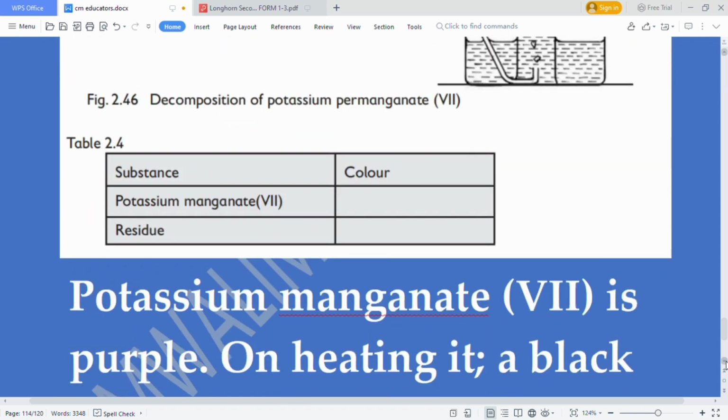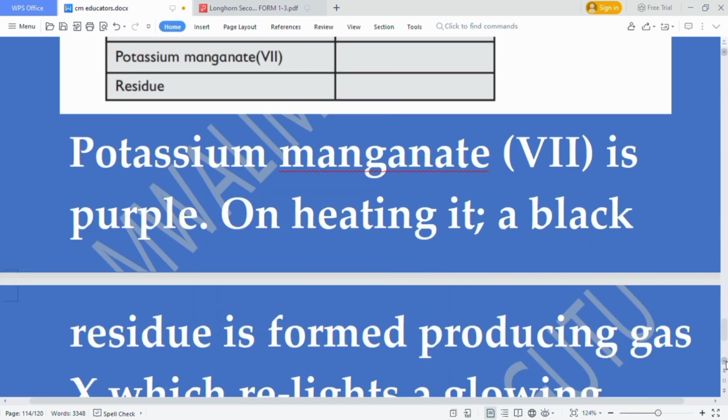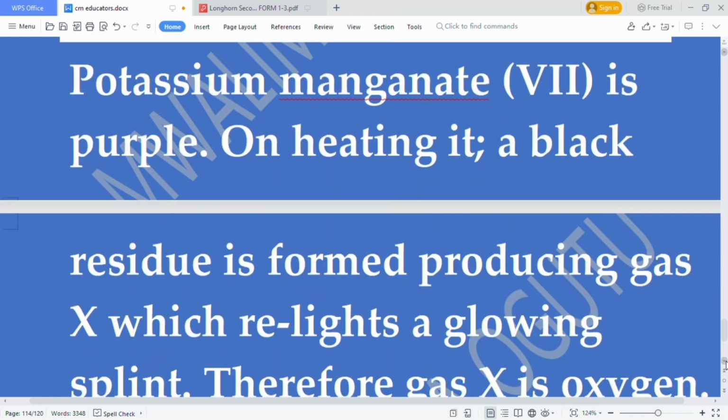On heating, a black residue is formed, producing gas X, which relights a glowing splint. So a glowing splint is rekindled by oxygen gas. So now a gas that relights a glowing splint is oxygen gas. So therefore gas X is oxygen.